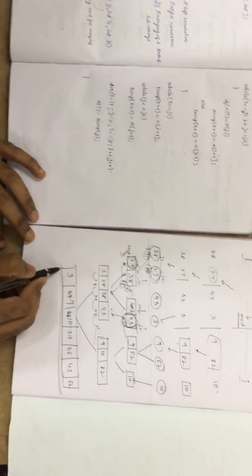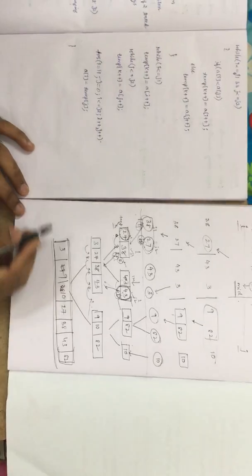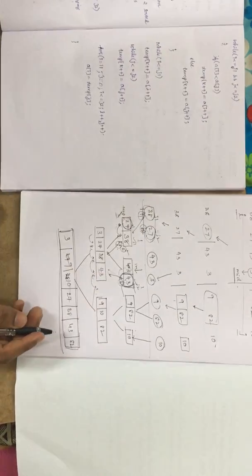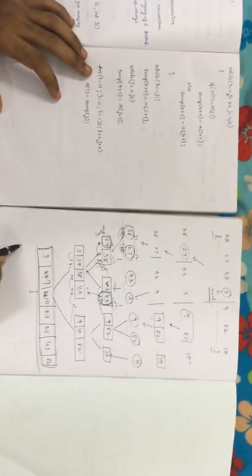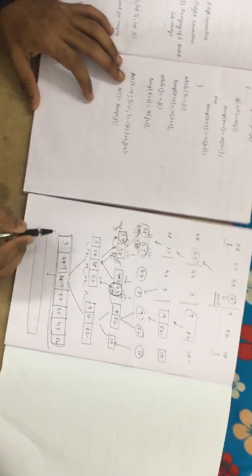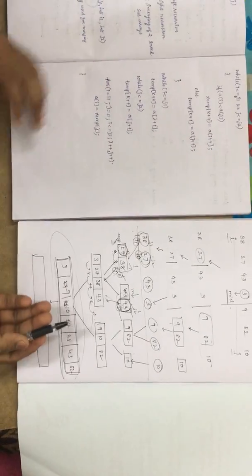So this is our temporary block which we have got, sorted by merging all the unsorted elements. So now we need to store this into the main array. This is the temporary array we need to store in the main array.